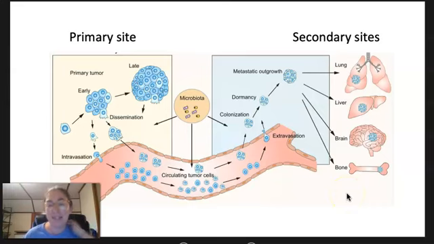You have to test the cells to see what tissue they originated from. Are they breast cells? Are they liver cells? Are they lung cells? Where did the cancer start? And so those biopsies, testing the cells to see what type of cells they originally were, is important for being able to treat the primary site where all the cancer cells are originating from.